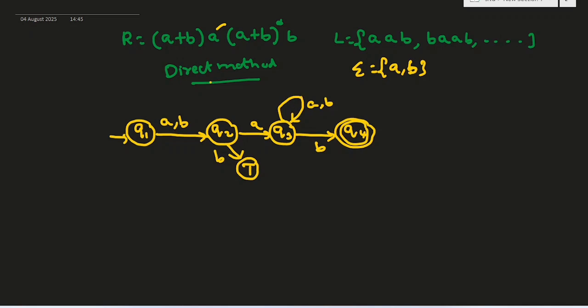In Q3 both A and B are applied, so this should get repeated. In Q4 you can see that nothing is getting applied, so we move this as A, B.